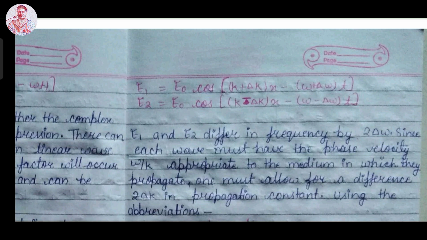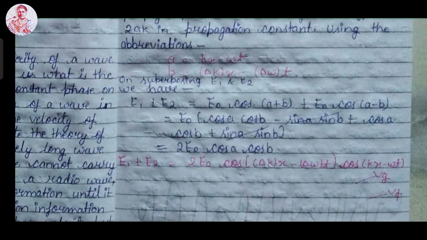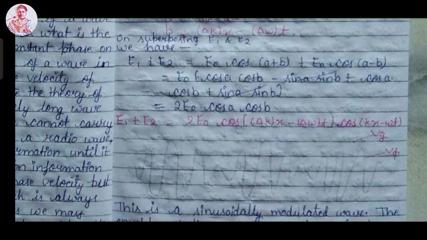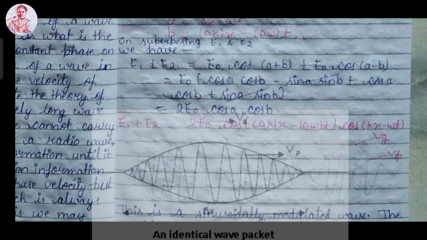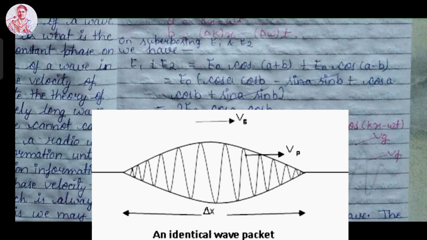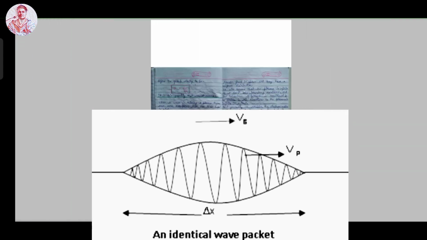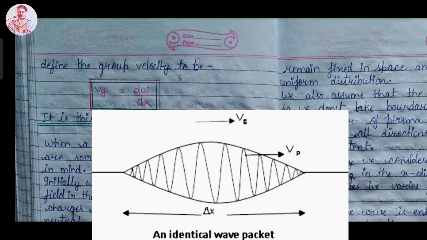E resultant is equal to E1 + E2, and we get 2E0 cos A cos B. Thereafter, in this equation, the first term cos(Δkx − Δωt) represents the group velocity and the other term represents the phase velocity. Then we get Vg = ∂ω/∂k, which is the group velocity.